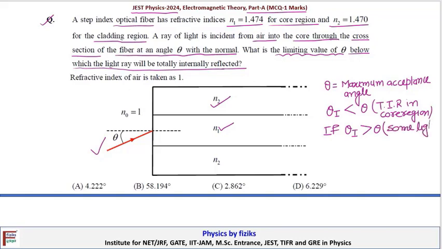Some light will be leaked in the cladding region. So for total internal reflection to take place, theta I must be less than theta.